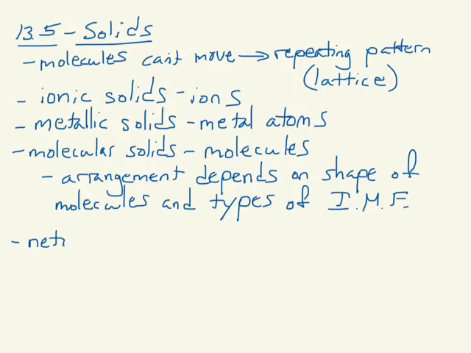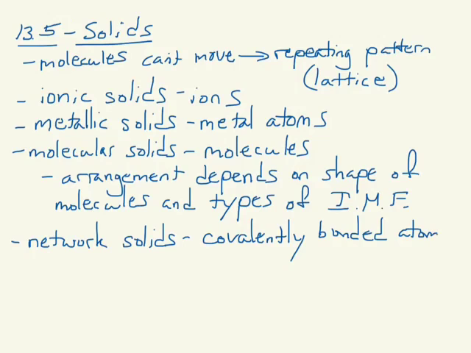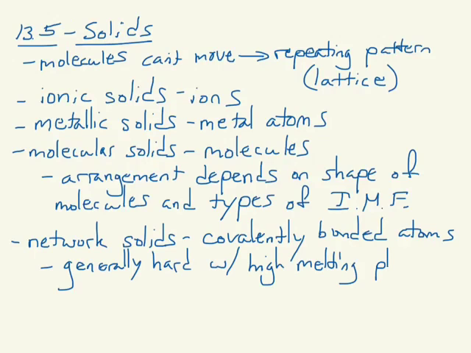We also have what we call network solids. These are covalently bonded atoms. Network solids in general are very, very tough, hard, with high melting points, and then, of course, high boiling points as well.